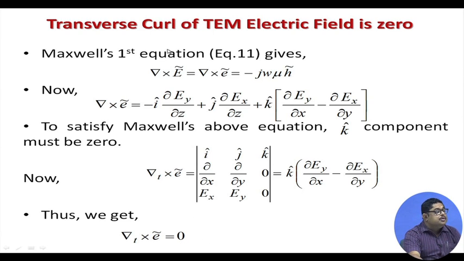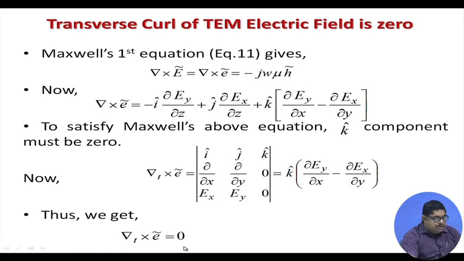So we have proved from Maxwell's equation that the transverse curl, I emphasize not curl, curl is a 3-dimensional operator, this transverse curl operator of the transverse electric field of TM wave, that is 0.